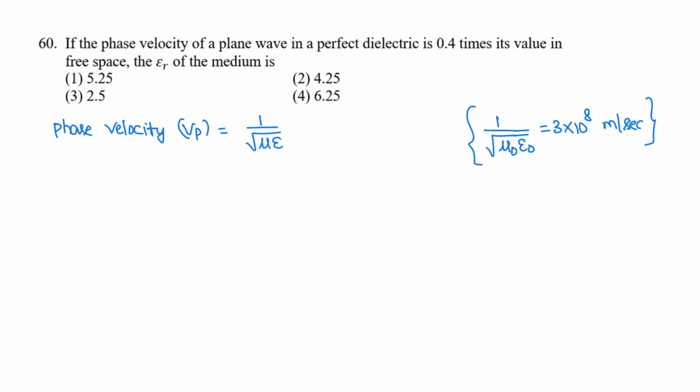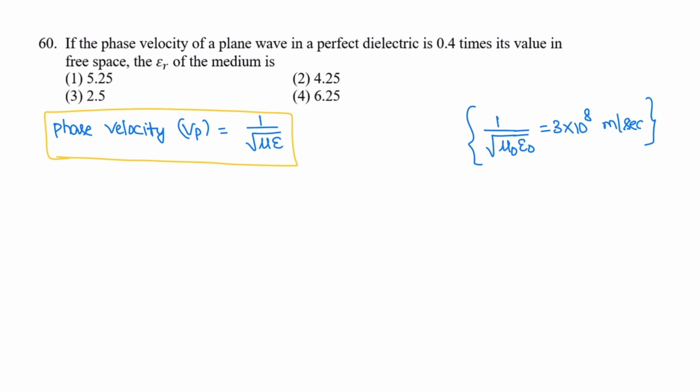Next, if the phase velocity of a plane wave in a perfect dielectric is 0.4 times its value in free space, then the relative permittivity of the medium is... We know that phase velocity Vp is 1 by square root of mu epsilon meters per second.